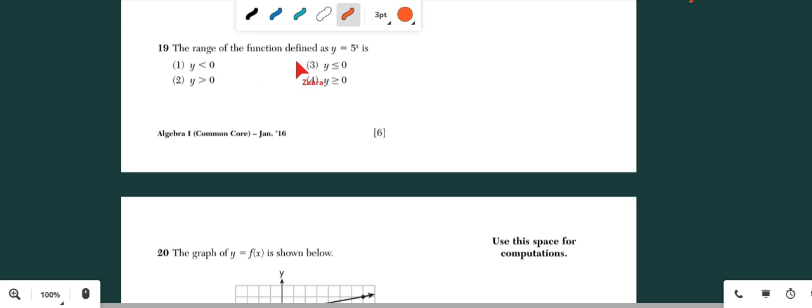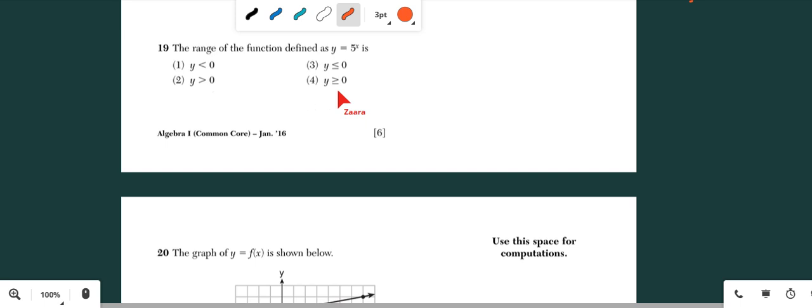You are given a function and asked for its range. f of x is defined by 5 raised to the power of x. So how can we get its range? Range is basically its outputs, the output values.